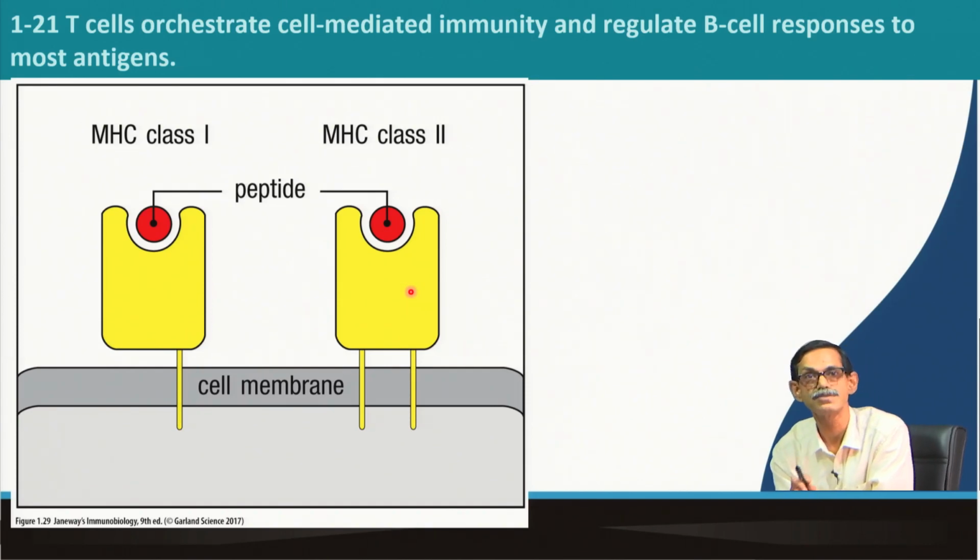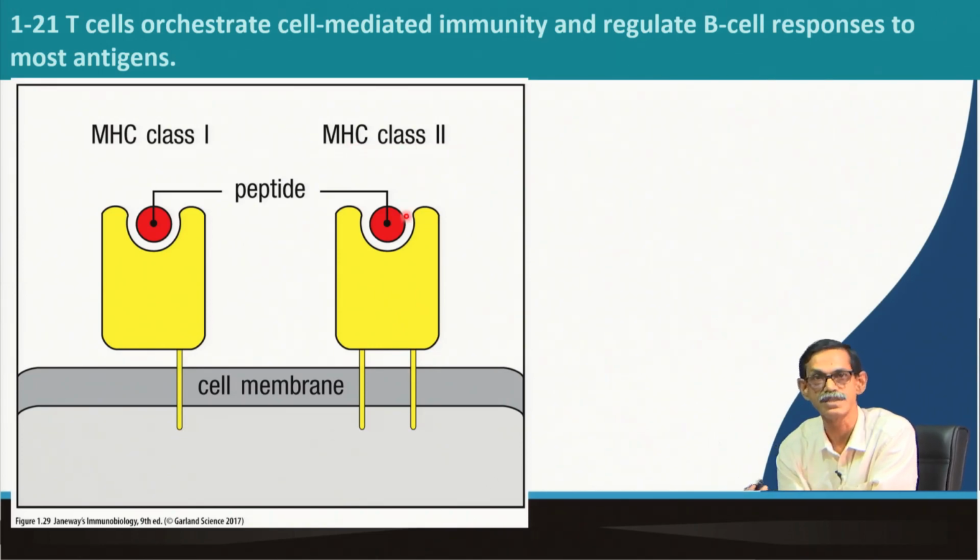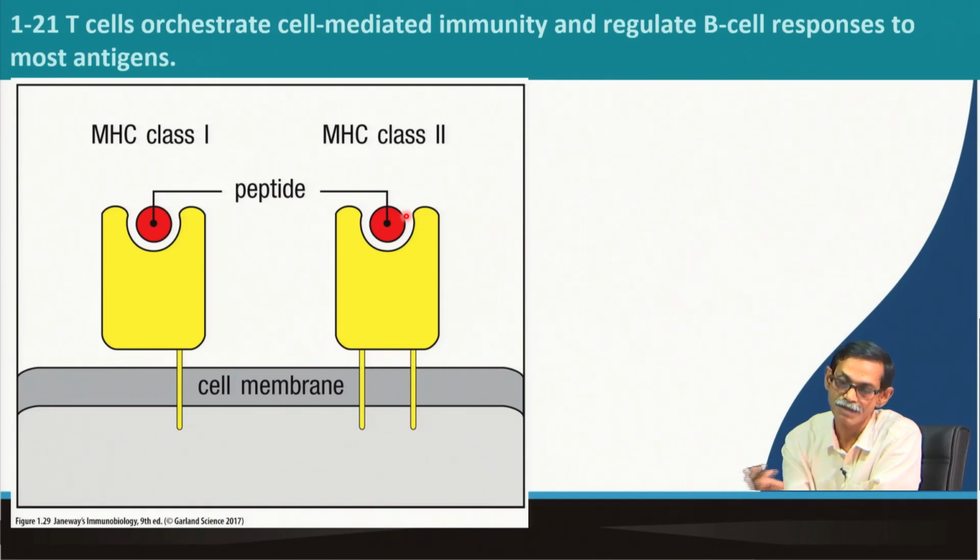There are two types of major histocompatibility complex. One is MHC class 1 and the other is MHC class 2. We will discuss later the detailed function of MHC 1 and MHC 2, but now if you see this cartoon, they look very similar.